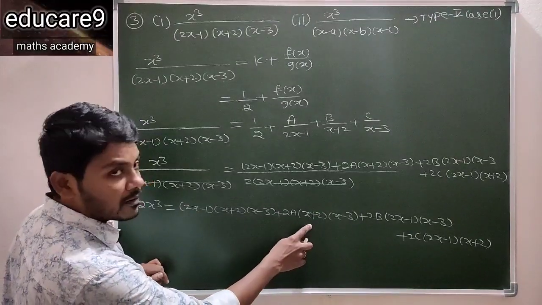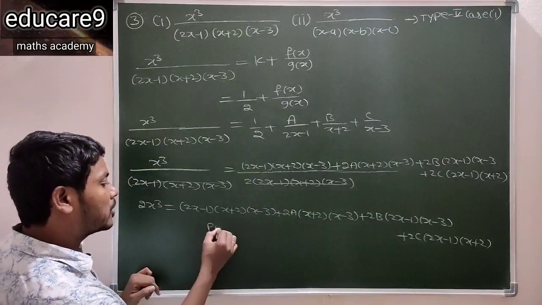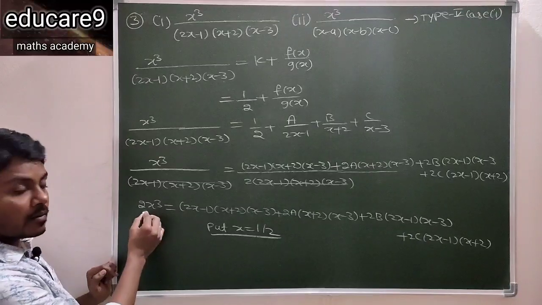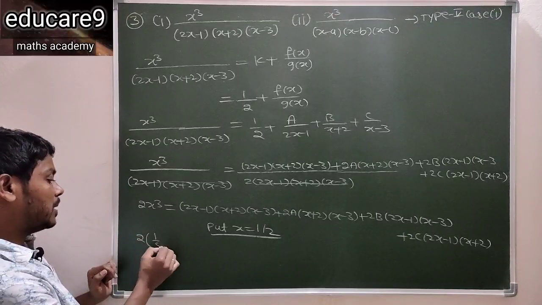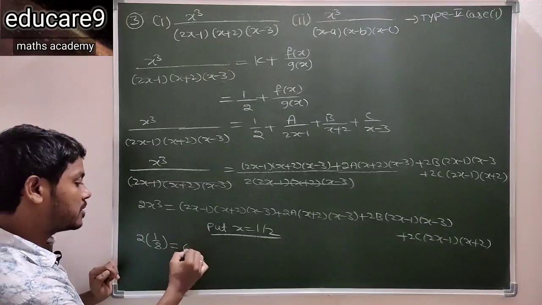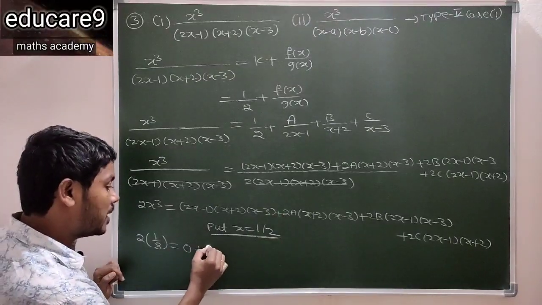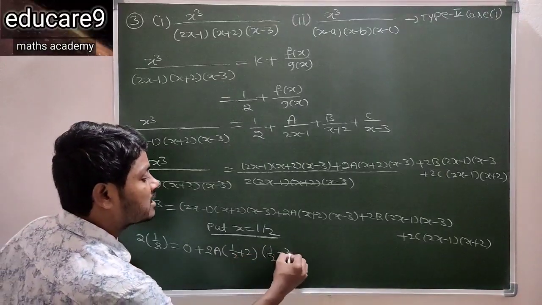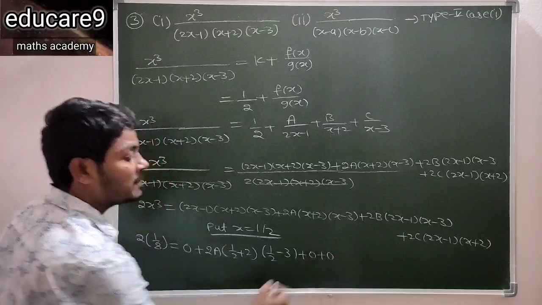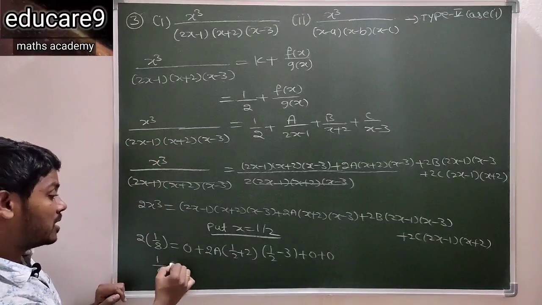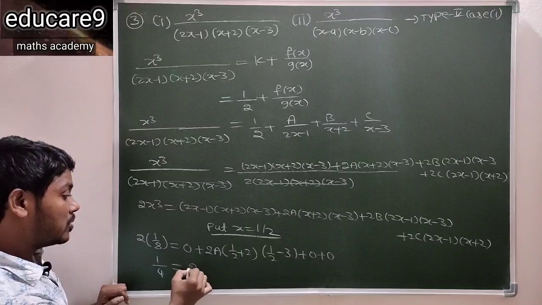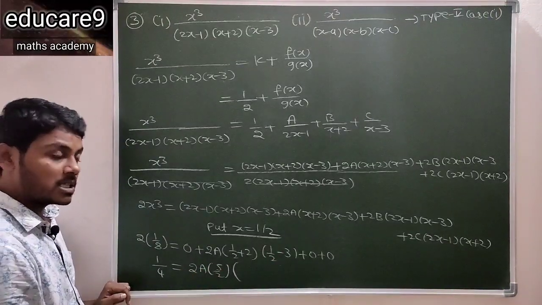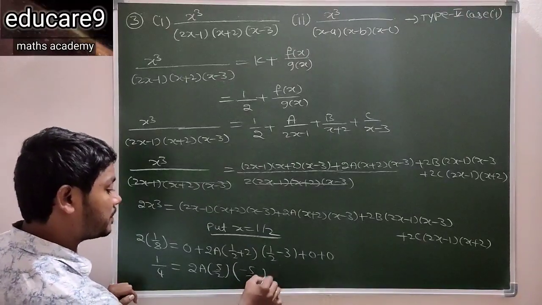So here, for finding the value of a, put x is equal to 1 by 2. So here 2 into 1 by 8 is equal to, this becomes 0, and this one plus 2a into (1 by 2 plus 2)(1 by 2 minus 3) plus 0 plus 0. 1 by 4 is equal to 2a into 5 by 2 into minus 5 by 2.